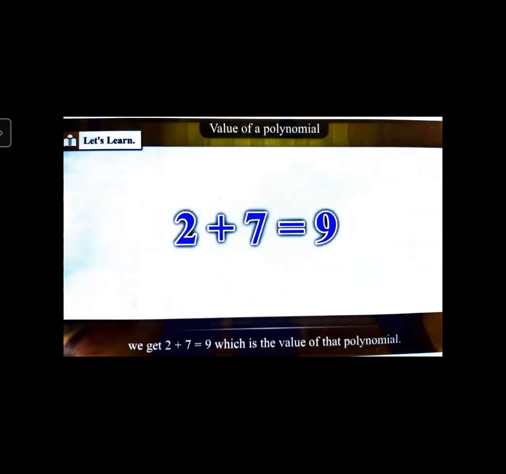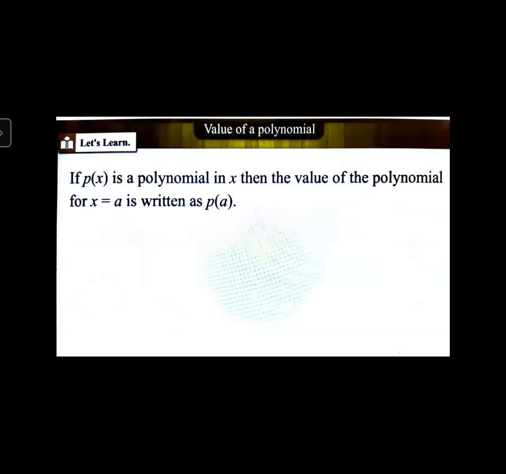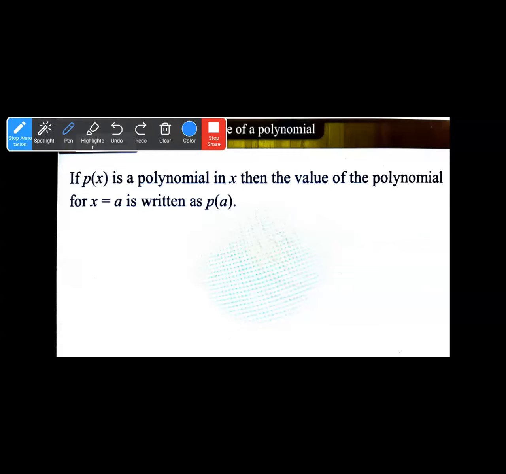So you should understand that when we find the value of the polynomial, p of x is a polynomial in x. Then the value of the polynomial for x equal to a, if we replace x by a, can be written as p of a.